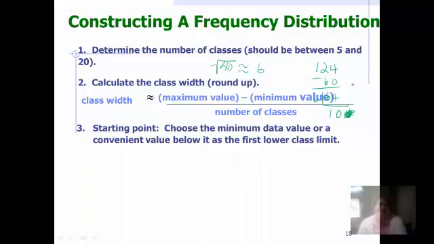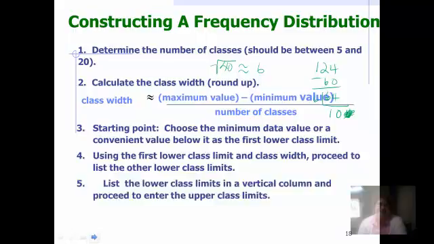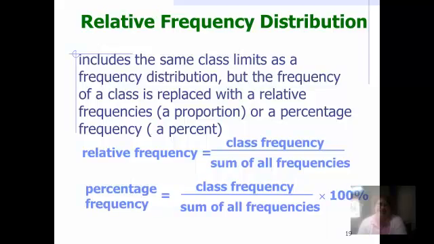So if our minimum value was 62, we'd still use 60 because that makes sense when our class width is 10. And then using the first lower class limit and the class width, then we proceed to list all the other lower class limits, and then we find the upper class limits. And then we just simply put a tally mark in the appropriate class. Okay?